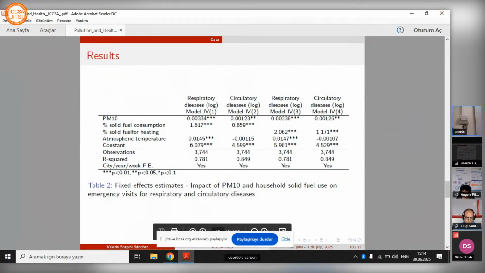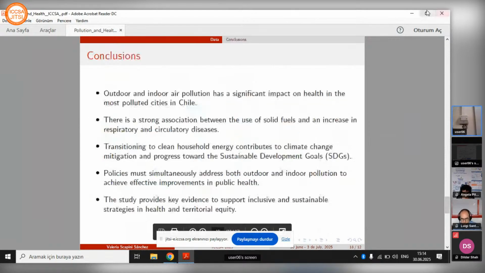This is what the data say. And in conclusion, outdoor and indoor air pollution has a significant impact on health in the most polluted cities in my country.